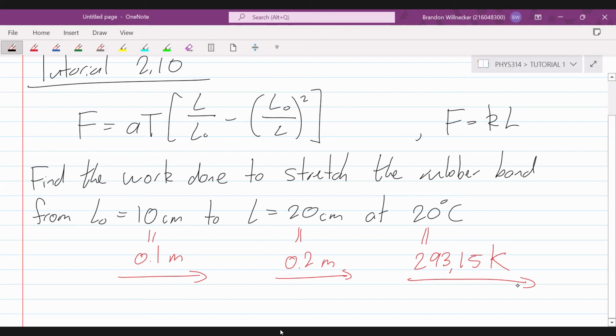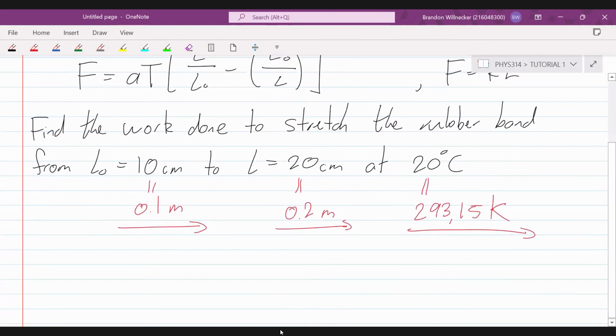Okay, so we want to find the work done. Well, we've got the tension force F. If we want to know the work done, it's the amount of energy we need to put in to overcome that force in stretching it from L naught to L. So W is going to be the integral from L naught to L of F dl. Force times displacement, that's the work done.